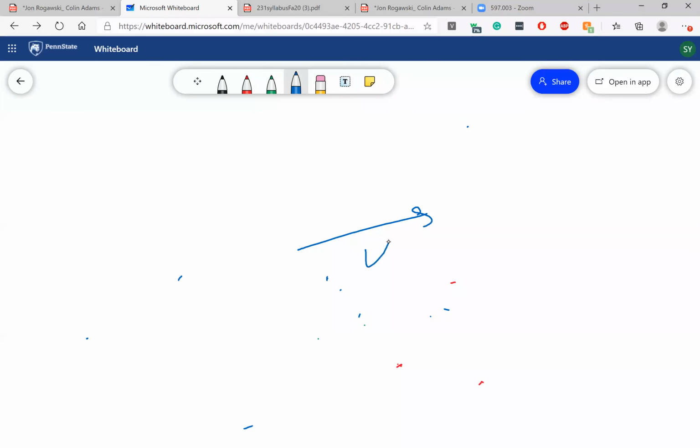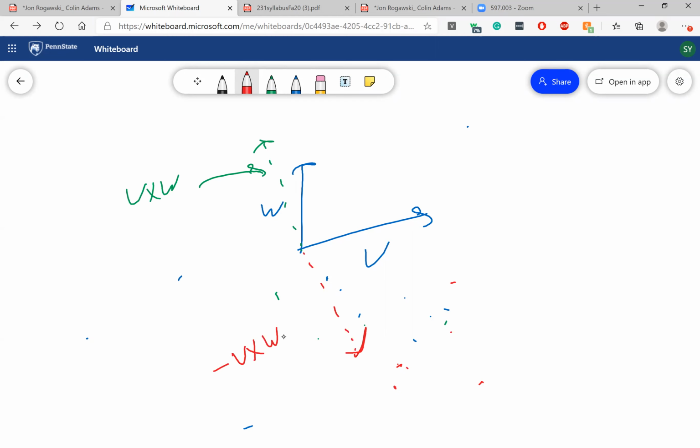Again, if this is V and this is W, then V cross W is this vector, and this is negative V cross W, but it's also W cross V. And so we have that negative V cross W is equal to W cross V.